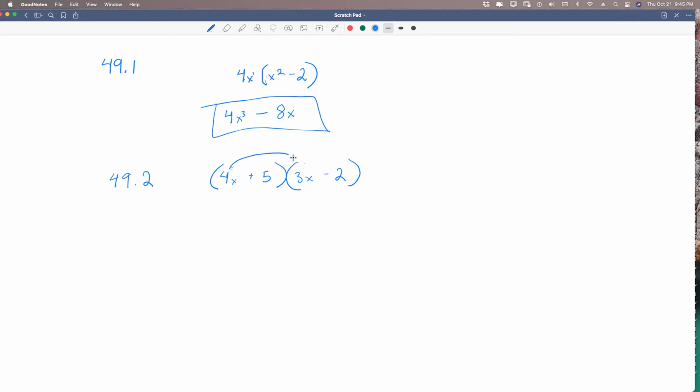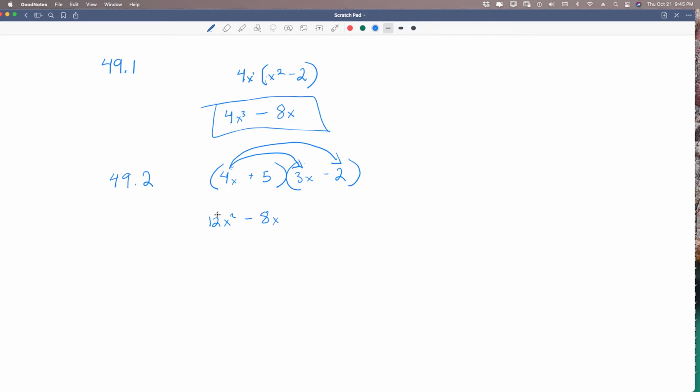So 4x times 3x is going to be 12, because 4 times 3 is 12, and x times x is x squared. Now we're going to take the first term times the second term. And we are going to say 4x times negative 2 is negative 8x.